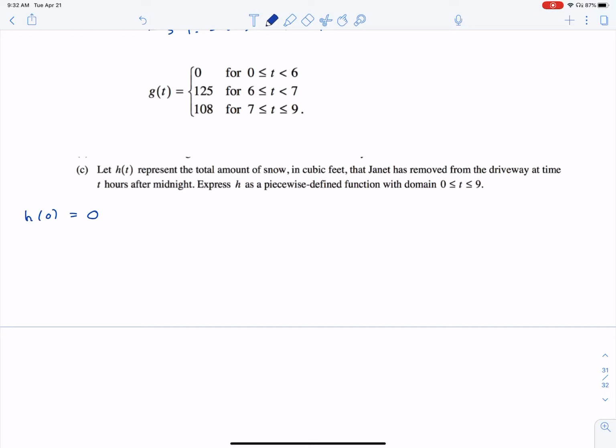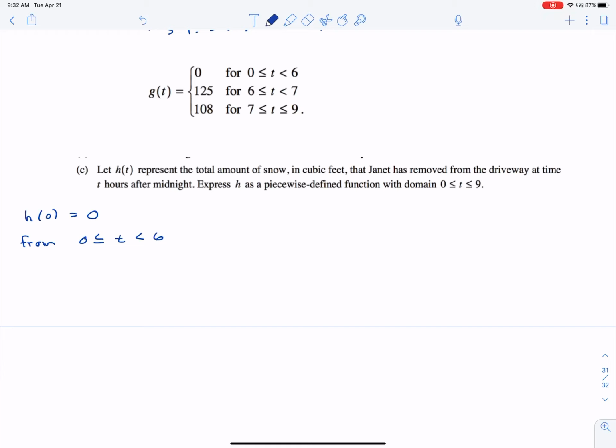Then what can we do? So let's continue. Now I'm going to look from time 0 to 6. So let's look from time 0 to 6.